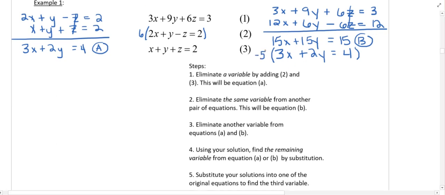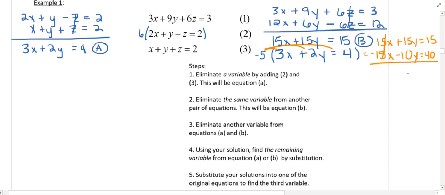So that's going to give me negative 5 times 3x will give me a negative 15x. Negative 5 times 2y will give me a negative 10y. And negative 5 times 4, 40. Okay, which means I'm combining with 15x plus 15y equals 15. So these will eliminate.